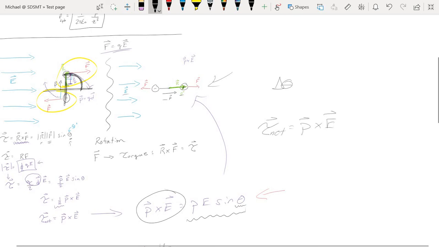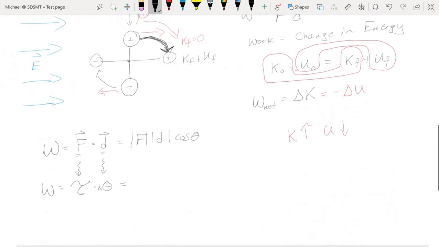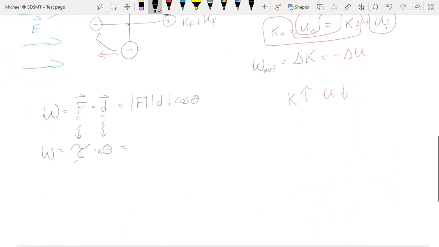We can displace 90 degrees, 45 degrees, 30 degrees. We can even go past 90 degrees if we want. And so if we take this idea that work is the product of torque and angular displacement, well, we have our torque expression. It's P cross E, and then I have to combine that with the angular displacement.